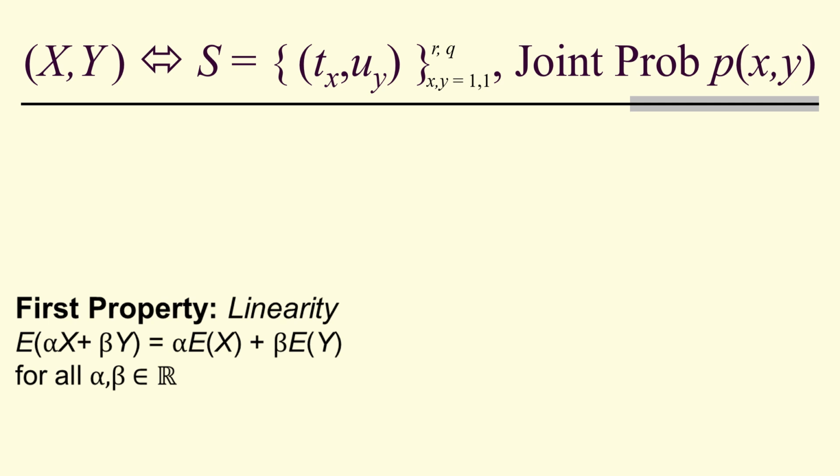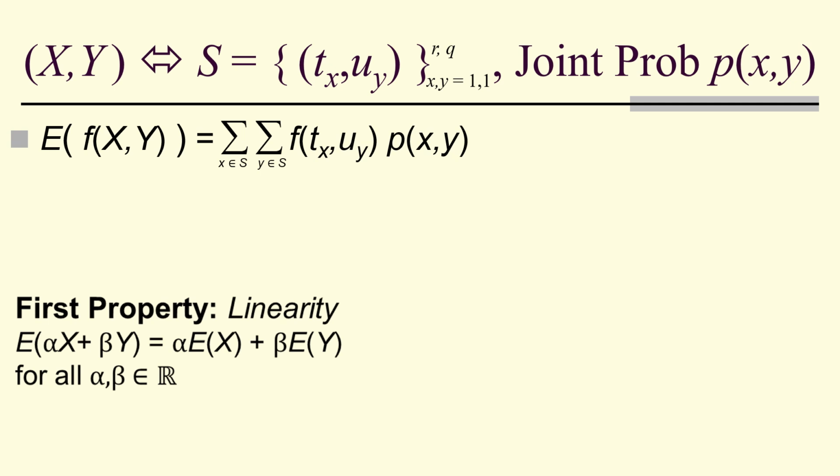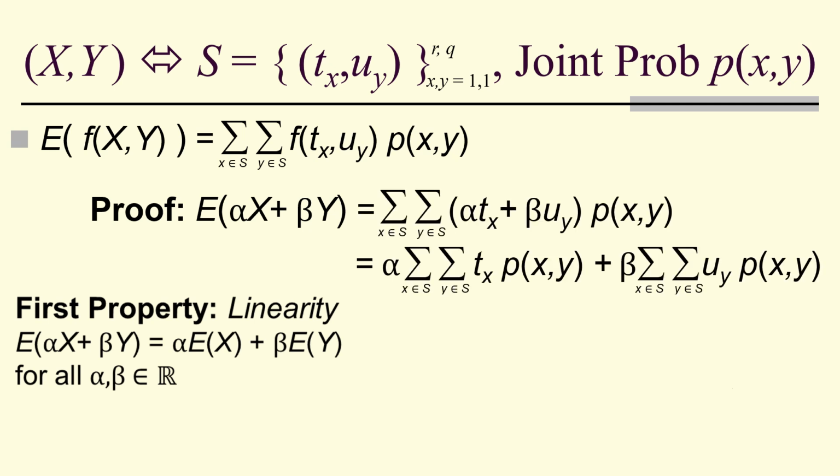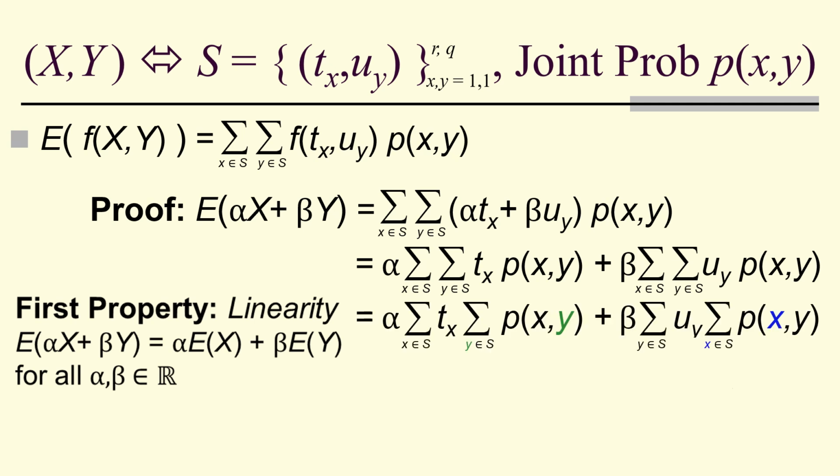Well, we're going to have a joint probability distribution because we're going to have an x and a y where our sample space S is pairs t sub x, u sub y. The expected value of a function is defined like this. And now we can prove our theorem. So we write out the definition. We split it up at the sum and factor out the alpha and the beta.